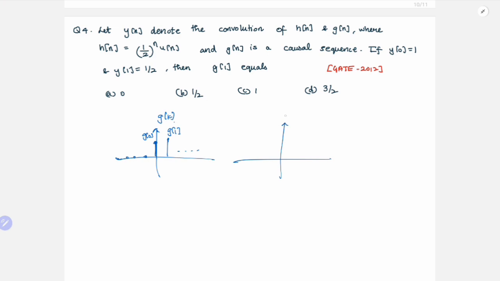And I have my h of k, which starts from 1, then half, 1 by 4 and so on. To get the convolution, I take h of n minus k. So where will it be? It will start from n with 1, and then half at n minus 1 and so on, 1 by 4 at n minus 2 and so on.